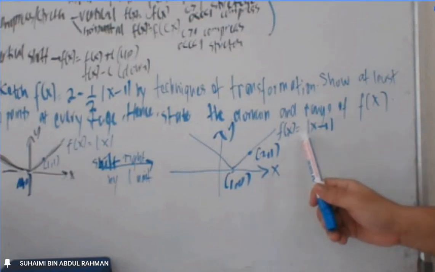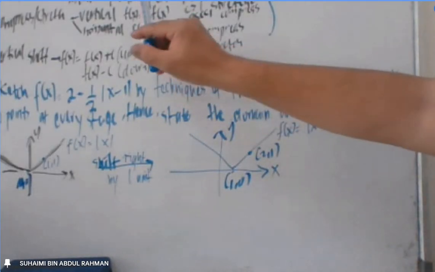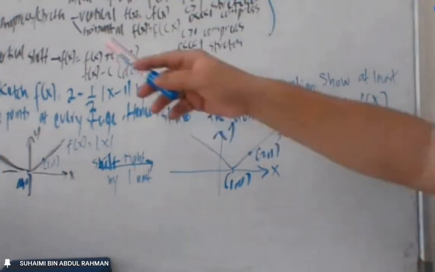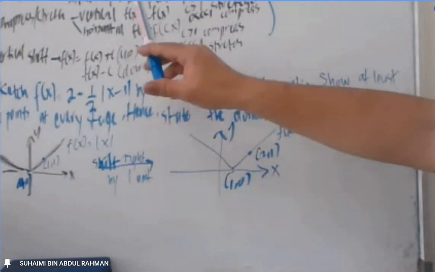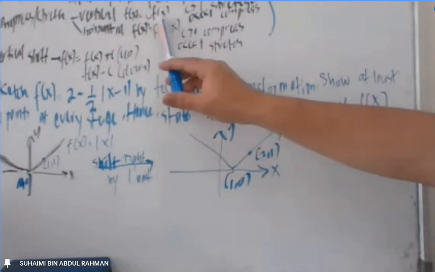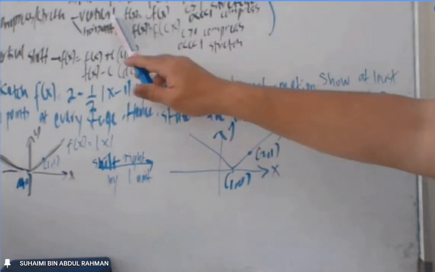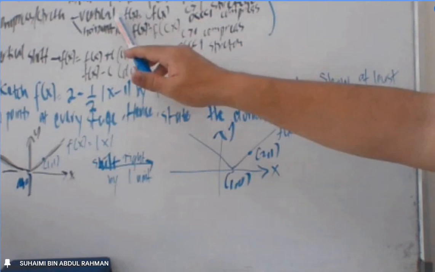When you see 1 over 2 here, what happens? Do we compress or stretch? If we multiply our function by 1 over 2, it becomes this, vertical.